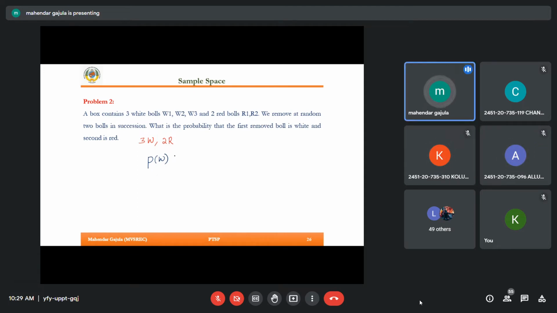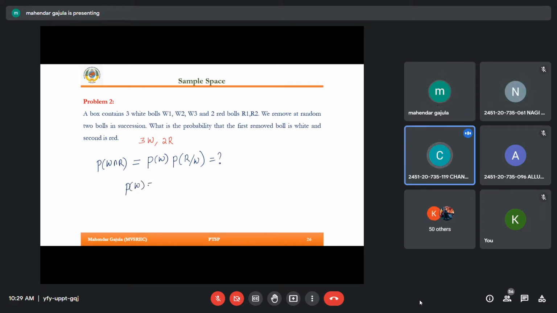Now the red ball probability is conditional, because already one event has occurred. So this is probability of white intersection red. This one we have to find. Please tell once again, sir.